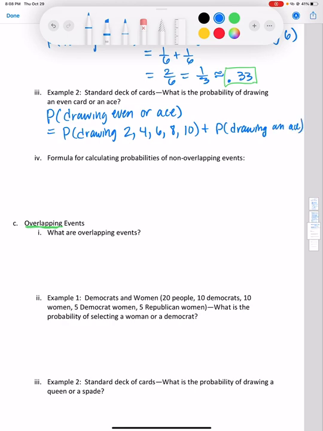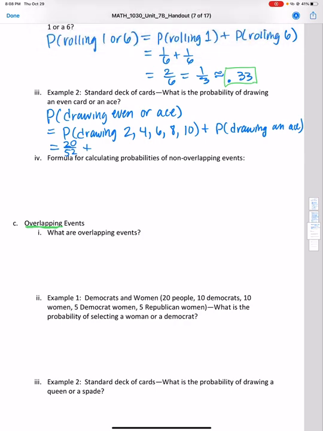Okay, so what is the probability of drawing a 2, 4, 6, 8, or 10? Now, there are 4 suits, and I have 5 numbers here. So that's a probability of drawing 20 cards out of the 52. And now the probability of drawing an ace. Now, ace is 1 card, but each suit has the ace. So we have 4 aces in the deck. So that's 4 out of 52.